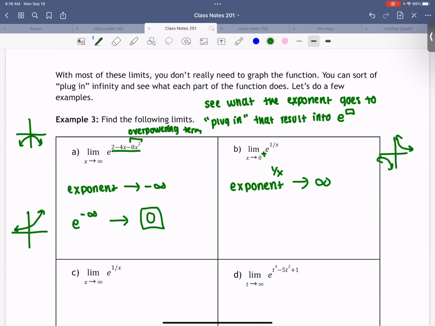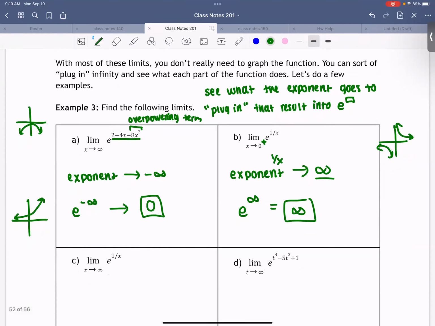Do we all agree on that? Perfect. Okay, so yes, I know we're approaching 0, but now we're going to plug in infinity into e, because I found what the exponent goes to. Let's plug in infinity into e. What is e to the infinity? Infinity, good. Okay. Any questions on part B?